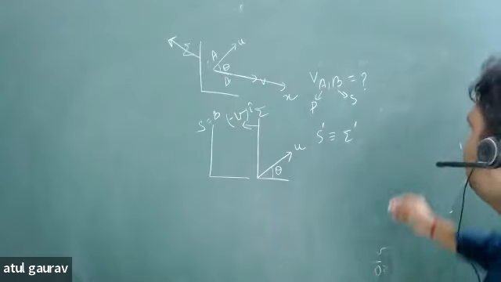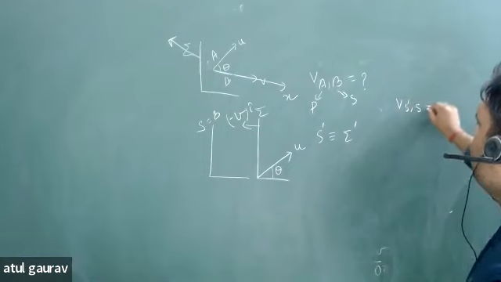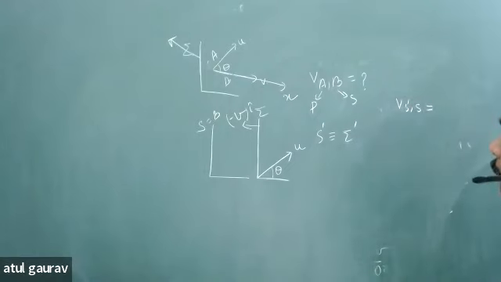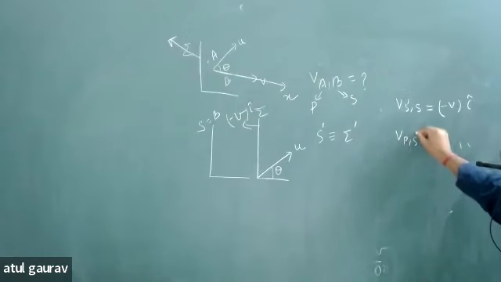Now, you can easily say, what will be velocity of S dash with respect to S? Minus v, in I cap direction. Now, velocity of particle with respect to S dash. I am talking about velocity.